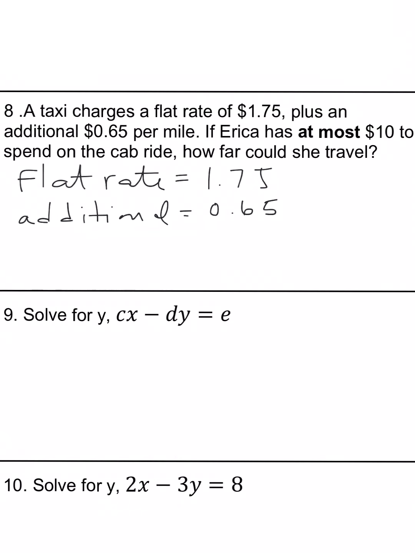And every mile she's going to travel after that, so it's going to be X miles times that rate, okay? Now, at most, she has total $10.